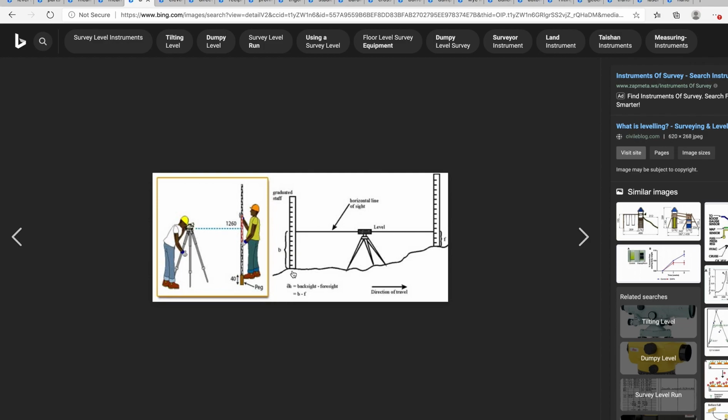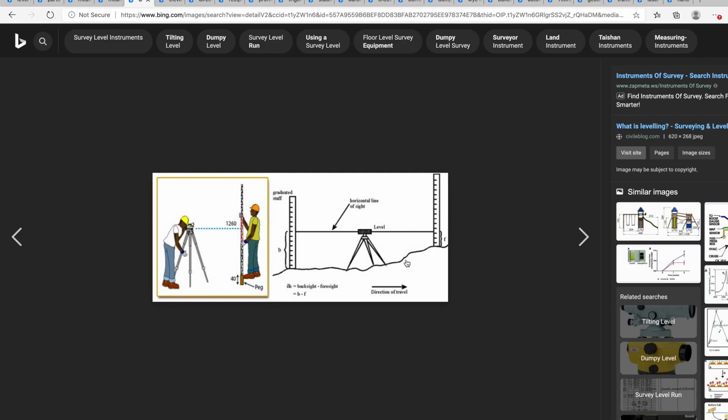So let's not use the mean sea level. If I am to have an option, I'll be using this point as my datum. So this will be my point 0.